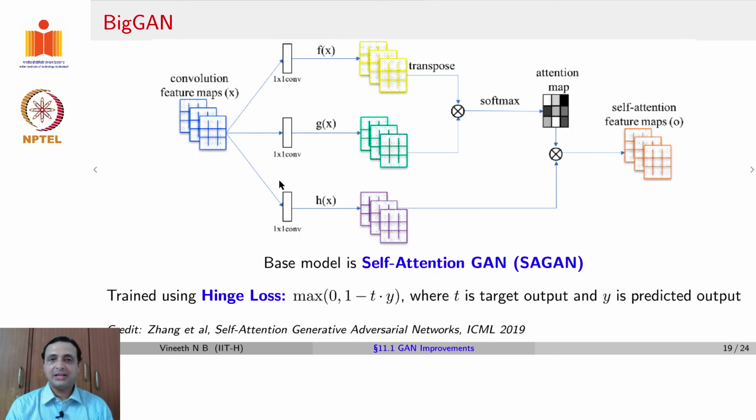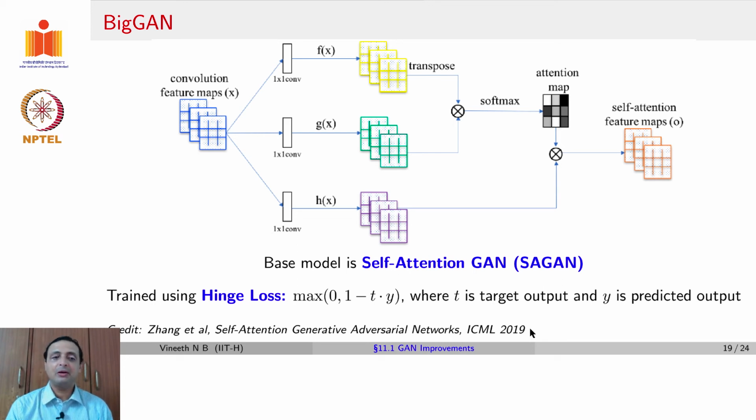An important design decision in BigGAN is to use the idea of a self-attention GAN, which is actually an earlier work that was introduced in late 2018 and published in ICML of 2019, which introduces the idea of self-attention. We already saw self-attention in transformers a week ago.